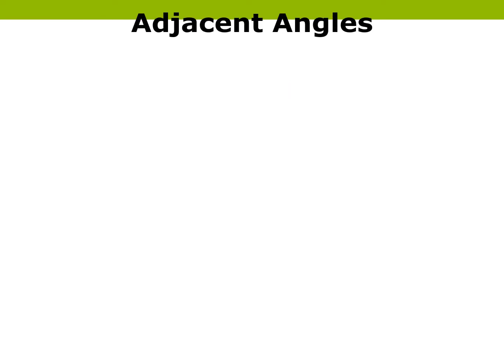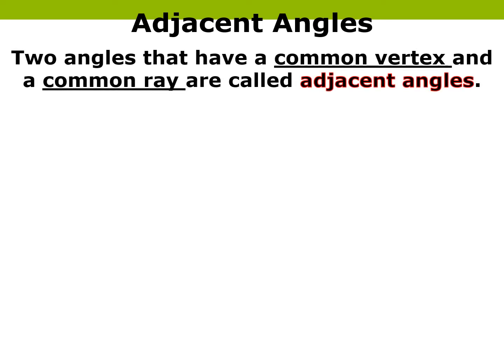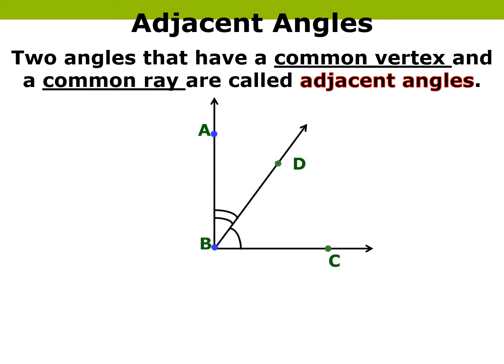How about the adjacent angles? Two angles that have a common vertex and a common ray are called adjacent angles. So again, with a common vertex and with a common ray. Say for instance, we have this one. The common vertex is point B, while the common ray is ray BD. So what are the two adjacent angles?